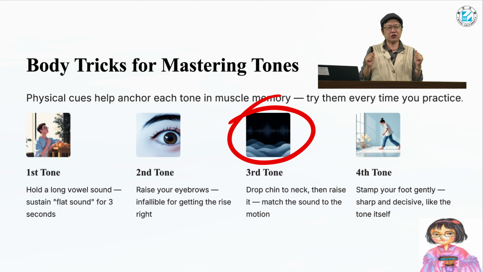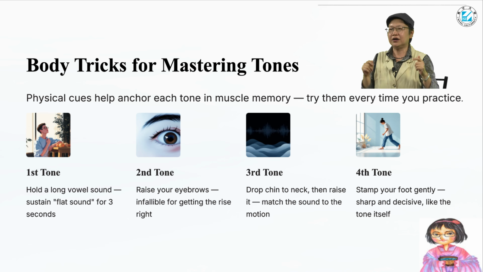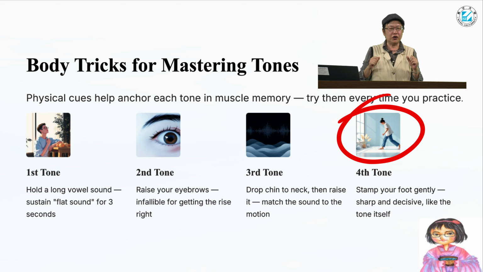And the third tone, you will move your chin down and then move your head up later, ba, ba. And then the fourth one, you will have to stamp on your feet. So I'm gonna stand up and stamp. The fourth tone is easier. The tone number 4, you can have some gestures and some movement to help you to remember the tone.